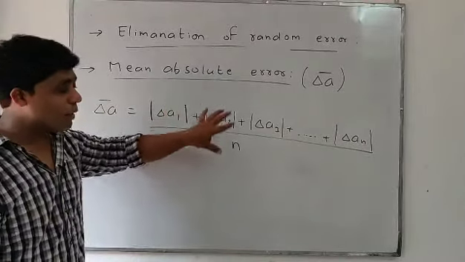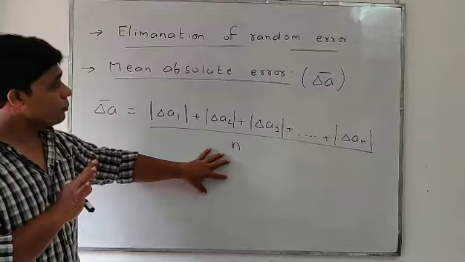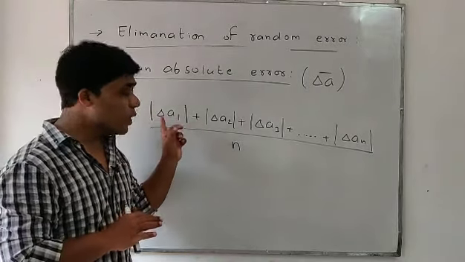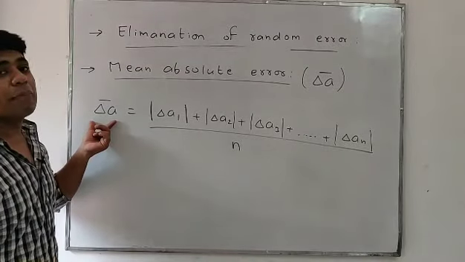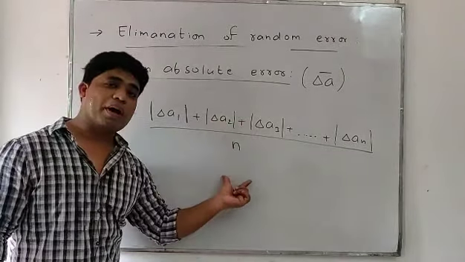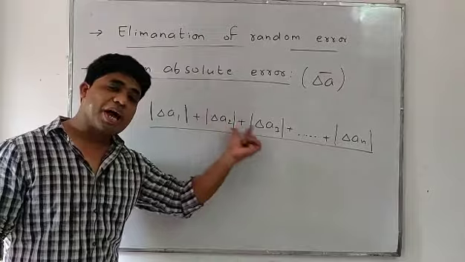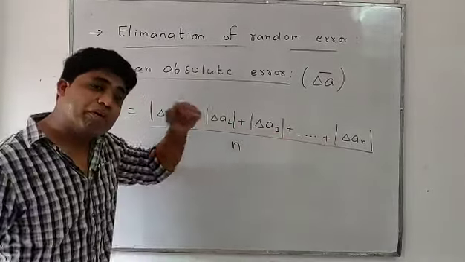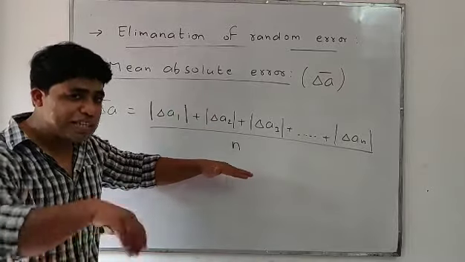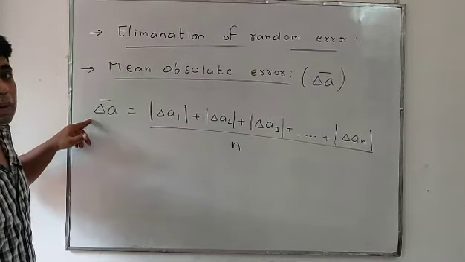This mathematical term is read as the average: sum of objects divided by number of objects. These are the absolute errors, and when we take their average, it is said to be mean absolute error, represented by delta A bar.